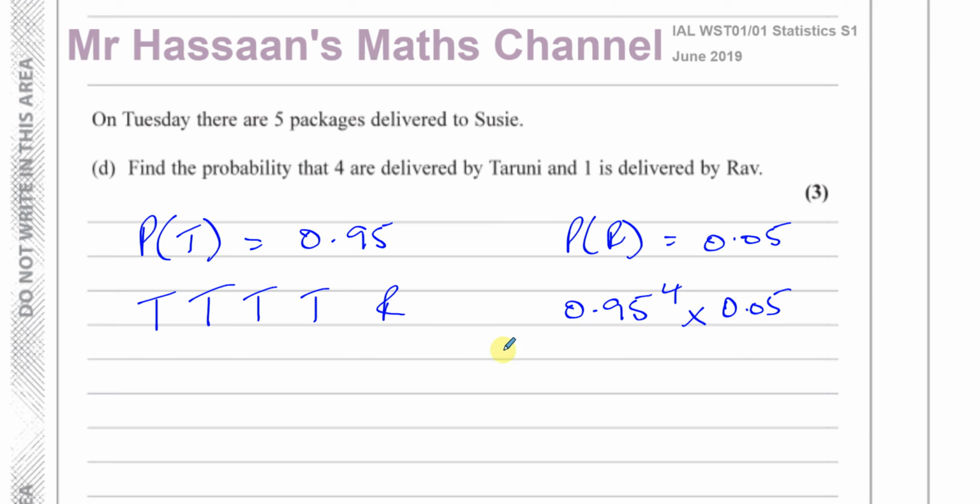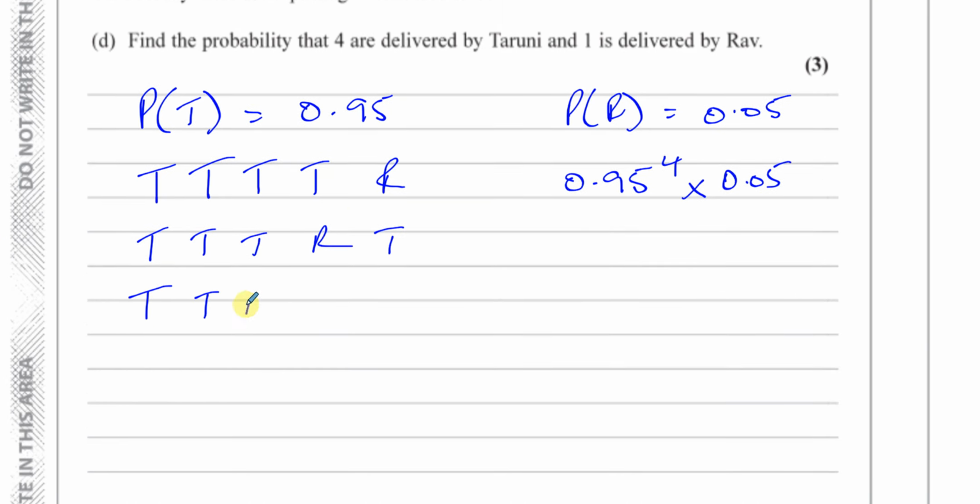But there are other combinations as well. You could also have T, T, T, R, and T. That's another option, but it has the same probability, because you multiply 0.95 by itself 4 times, and then 0.05. There's also T, T, R, T, T, which again has the same values, just another outcome.